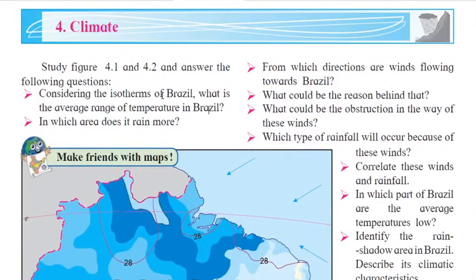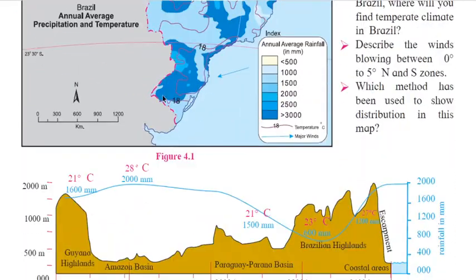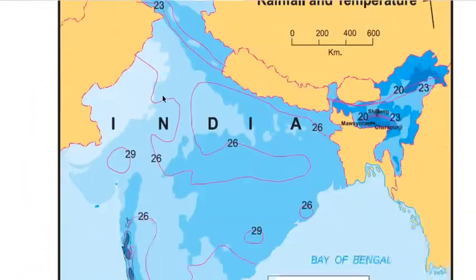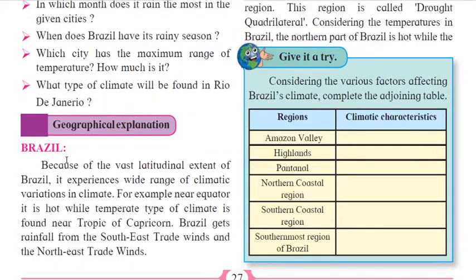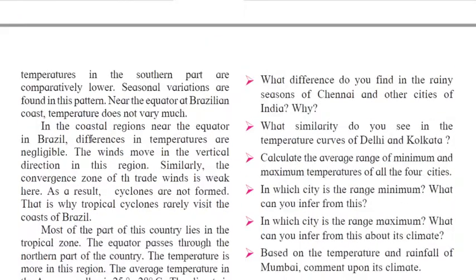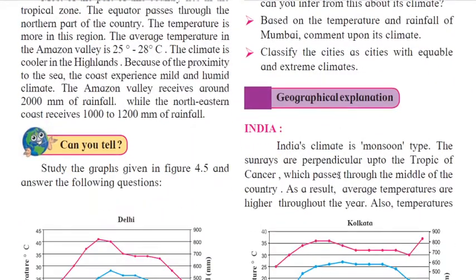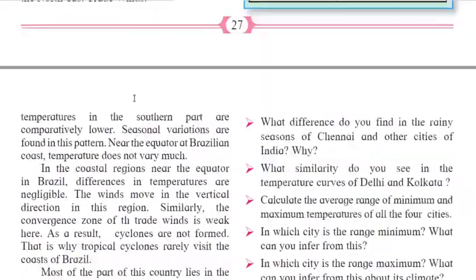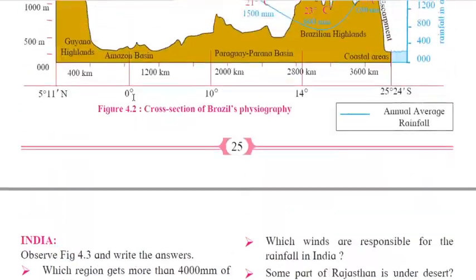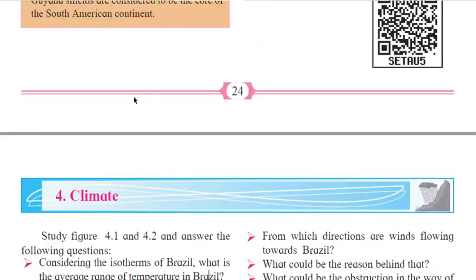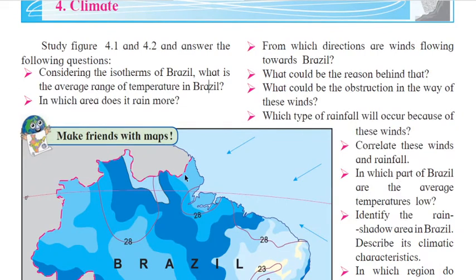Here they are given, but before that we have to study the geographical explanation about Brazil and the geographical explanation about India. If we learn this, then we will be able to answer the various questions they are asking us, and we will be able to find the answers of those questions regarding this map.